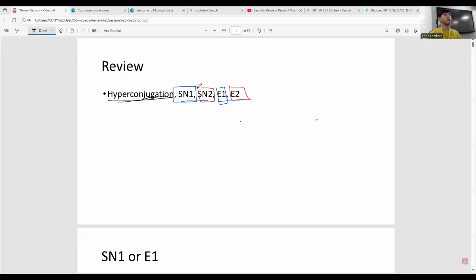And for the MCAT and all your organic chemistry tests, they're not going to ask what's the percentage of SN2 reactions. They're mostly going to ask which is the major product. And with all the factors, we're going to help you understand what it most likely will be.